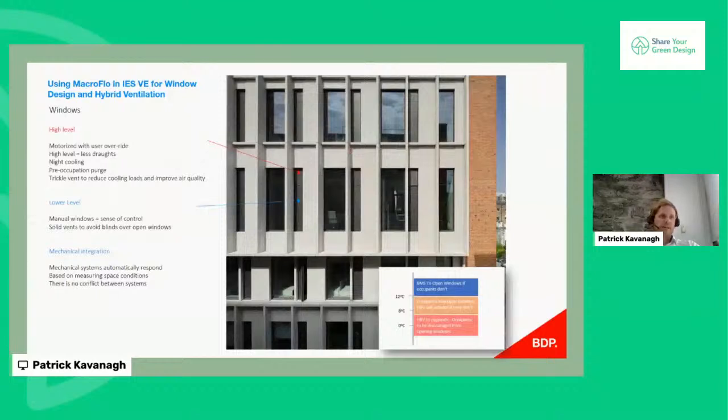To get into the minute detail on just one particular aspect of this design, look at the windows and how we use MacroFlo. We ended up designing windows that had two different sections. We had vision panels, which were solid and not openable, and then we had openable sections which were not translucent, so they were opaque.